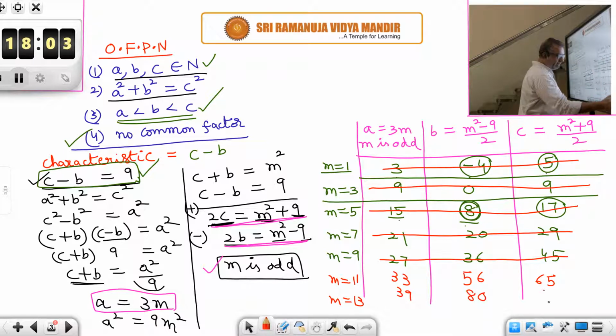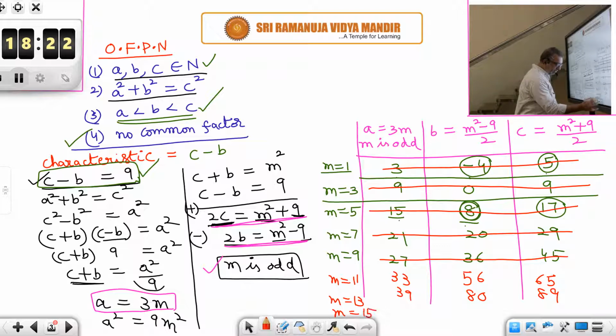Next one is 80 plus 9, 89. This is also correct: 39, 80, 89. And these numbers also I have used in sin theta, tan theta problems, if you remember. But again, the next one is failing because there will be a common factor.